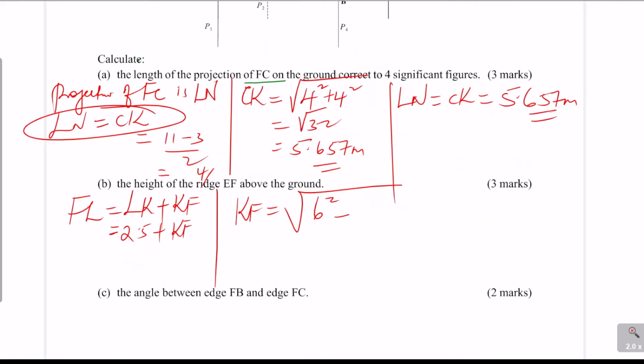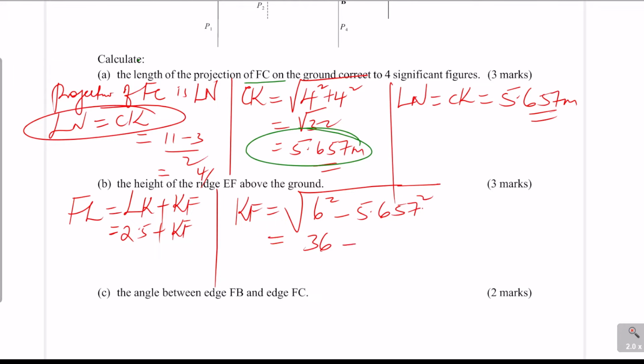We already obtained KC in part A, or CK. It is here. So subtract 5.657 squared.